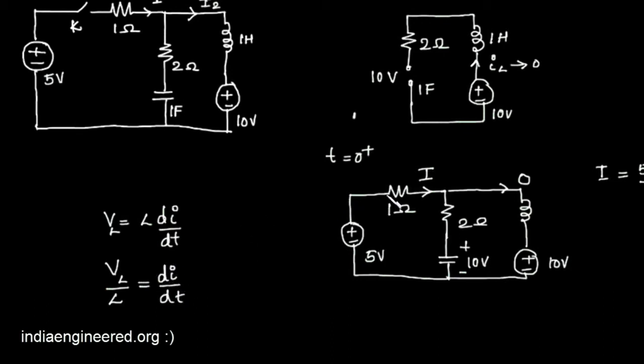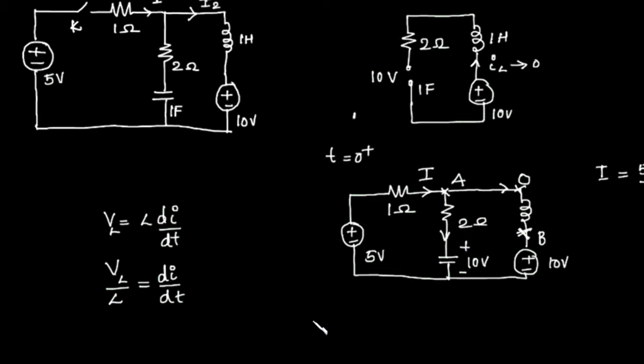Now how can we find out the voltage across this inductor? We have to find out what is the potential in this direction at t equal to 0 plus. What is the current through 2 ohm? We have found it as minus 5 by 3 amperes. What is the potential here? 10 volts. What is the potential here? 10 volts. We have to apply KVL here to find out the voltage between these two points. Let's say this point be A and this point be B. The current through 2 ohm is minus 5 by 3 amperes.